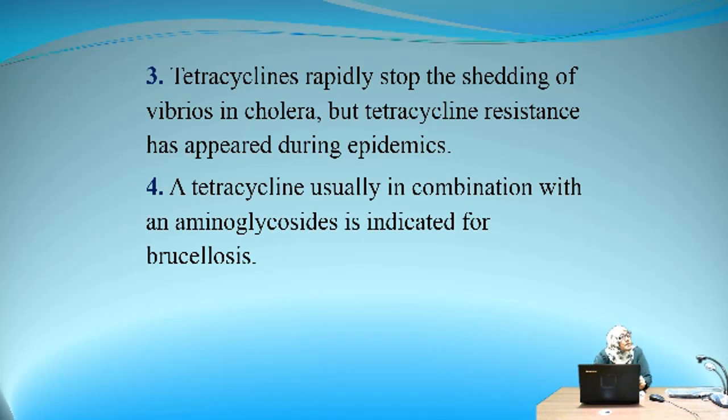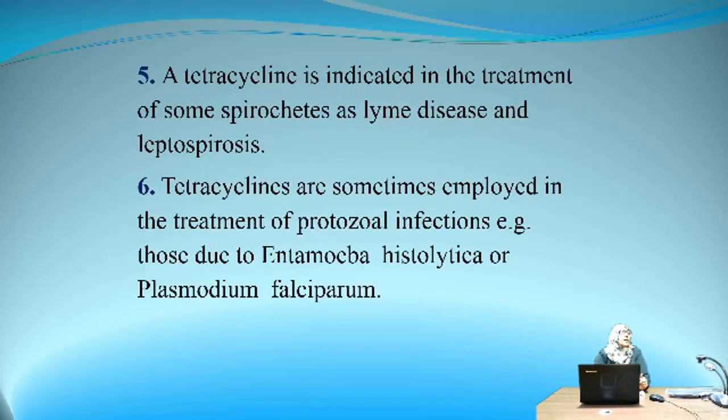Another indication for tetracycline, usually used in combination with an aminoglycoside, is brucellosis. 5. A tetracycline is indicated in the treatment of some spirochetal infections such as Lyme disease and leptospirosis. 6.